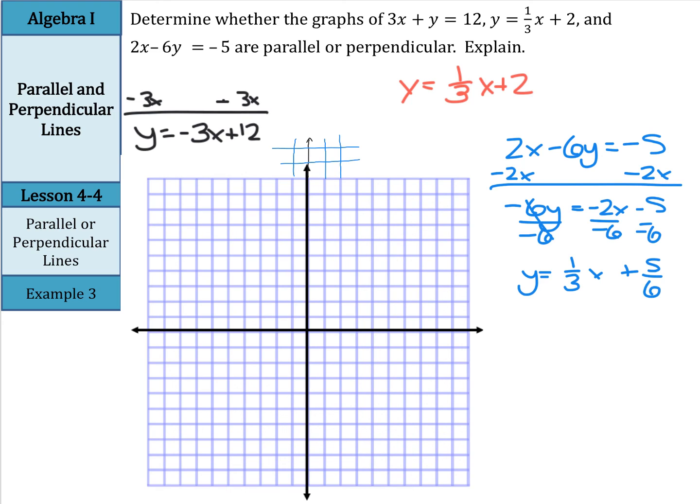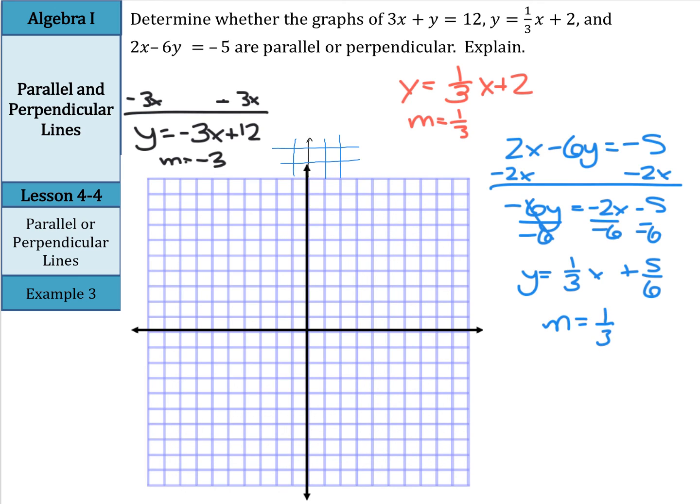Now, if we were just to do this alone, we can look at the slopes. Here we have a slope of negative 3. Here we have 1/3, so our slope is 1/3. And here we also have a slope of 1/3.